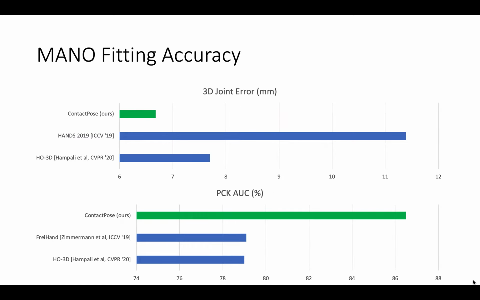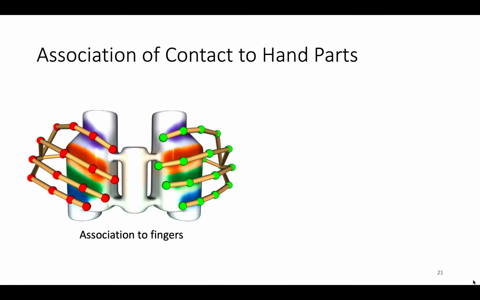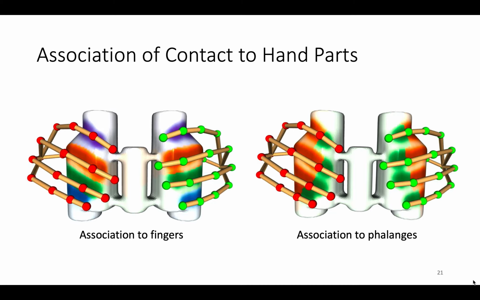The high accuracy of this fitting process indicates that our 3D joint annotations are in more physically plausible configurations than other datasets. We can also associate contacted object points to the hand parts responsible for contact using nearest neighbor. This figure shows non-contacted areas in white and contacted areas color-coded by nearest finger, and similarly by nearest phalange.